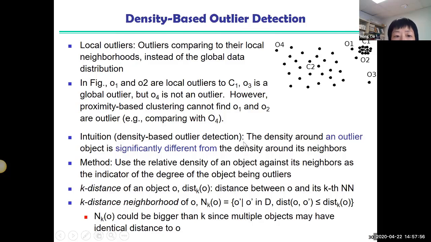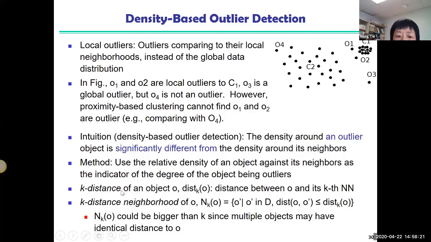So the method: we compute some measures of the relative density of an object, then compare the relative density of that object to the relative density of its neighboring objects.